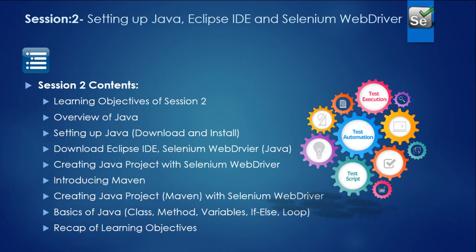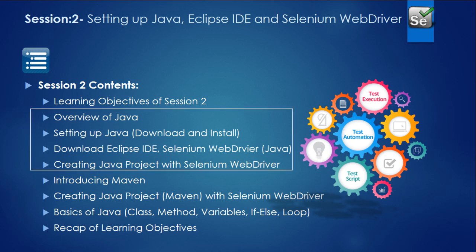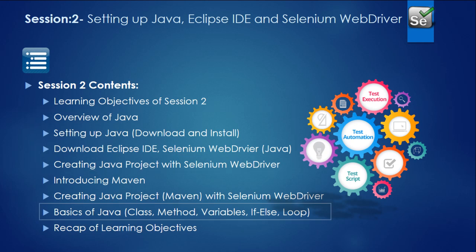Since we have a lot of ground to cover in this session, let's break it up into three subparts. The first part will consist of introductory topics like an overview of Java as a platform and then setting up Java as well as Eclipse on our machines as well as downloading Selenium WebDriver files. Next, we'll have a look at Java as a programming language in our second part.